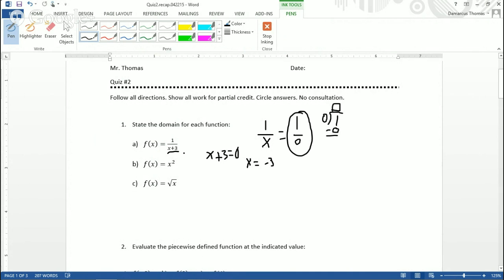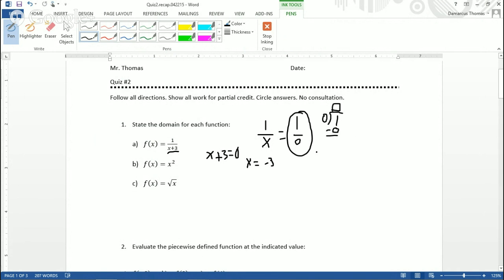And remember, the domain represents all x values for which the function is defined. This function will accept any real number and give back a real number, except if x is -3.